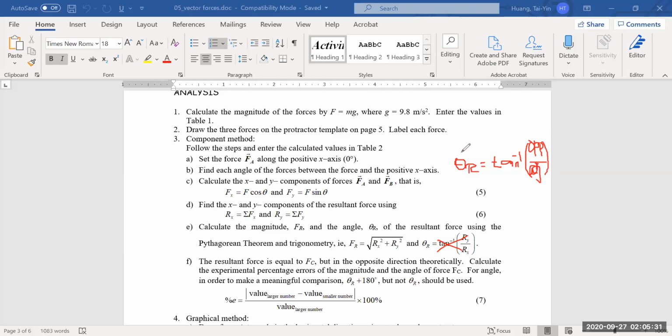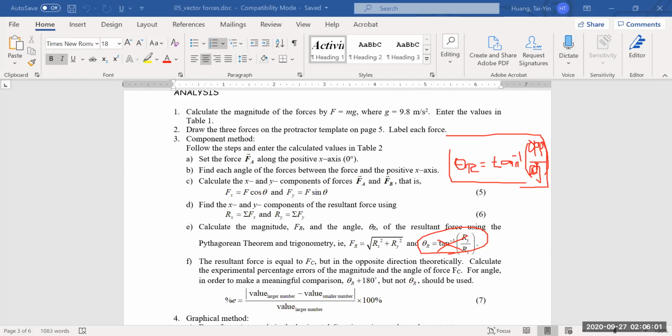So you use that principle instead of this one, because this one is good only when the vector is in the first quadrant, and in other quadrants you might get a wrong answer. So this is the one that will always give you the right answer. Use the inverse tangent of the opposite over the adjacent, and that will calculate the angle based on the right triangle that you choose.